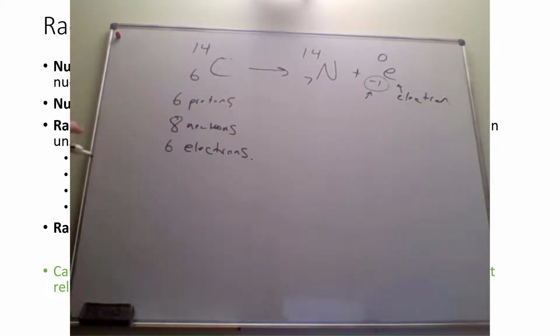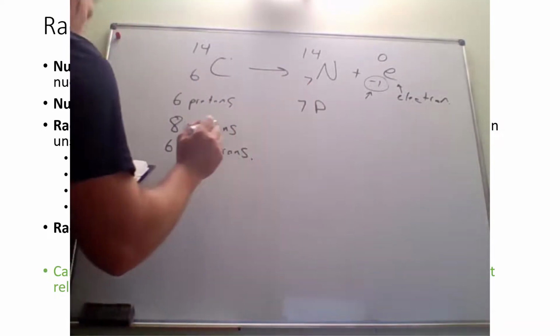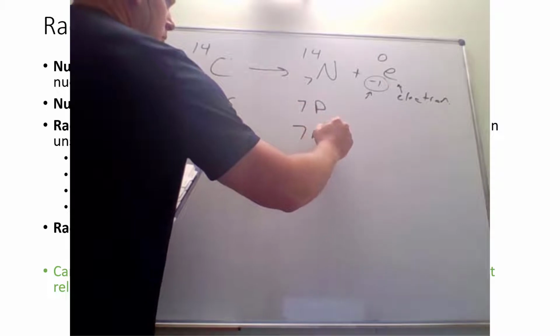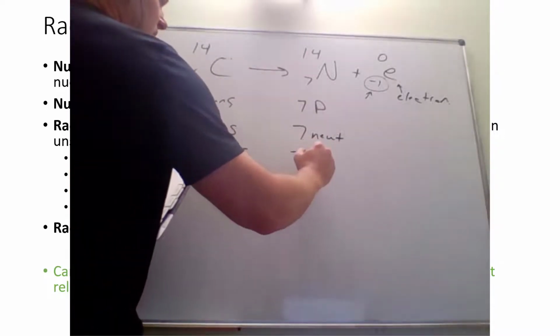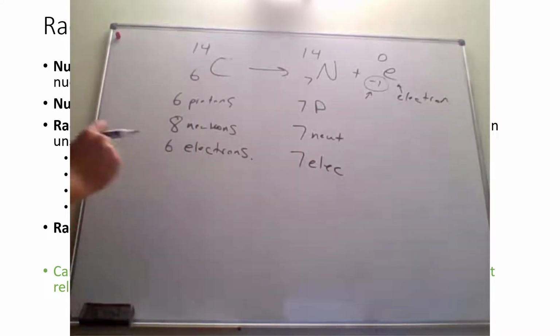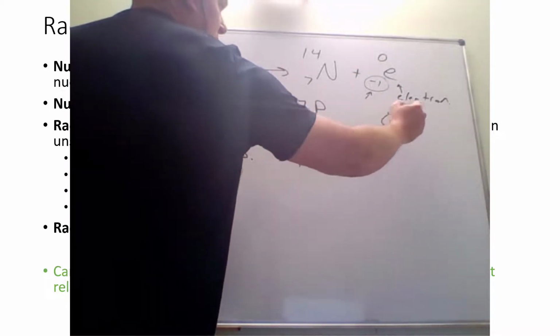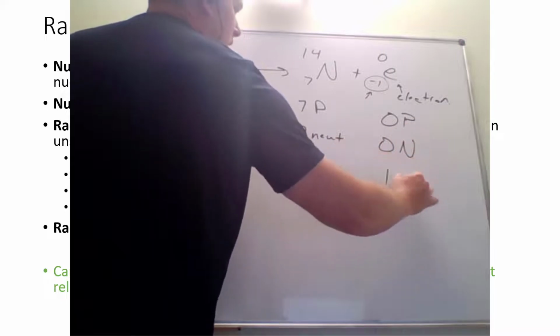Going to our nitrogen-14 here, we have 7 protons. 14 minus 7, we have 7 neutrons. And for a neutral atom, we have 7 electrons. And then our electron here has 0 protons, 0 neutrons, and 1 electron.